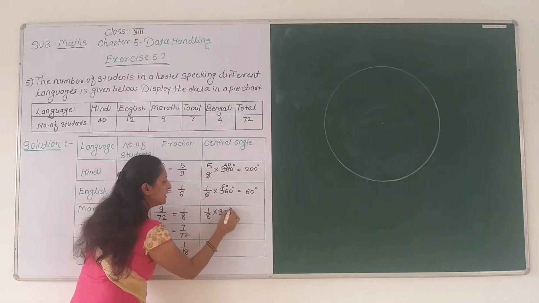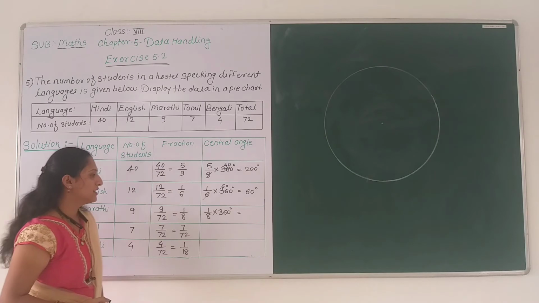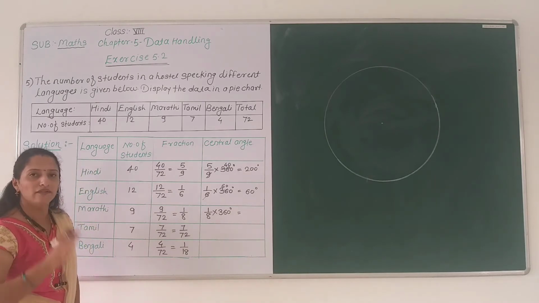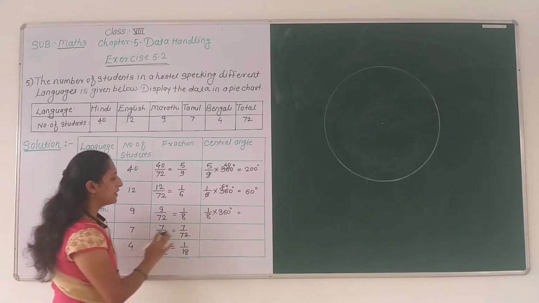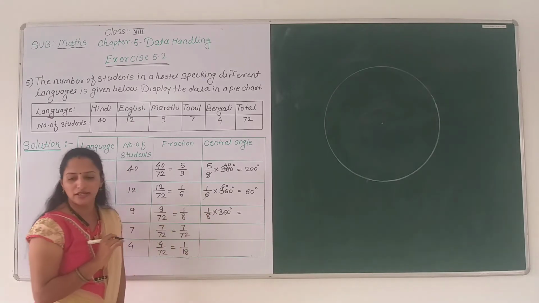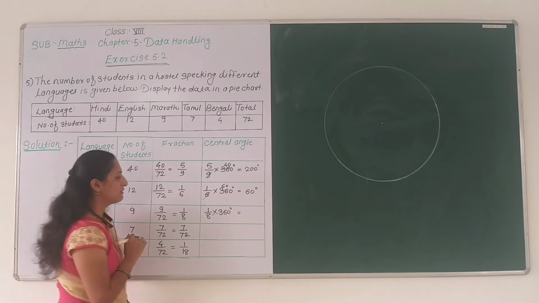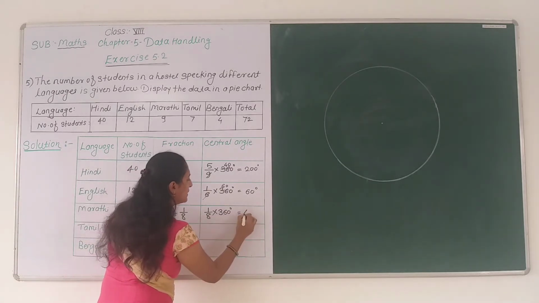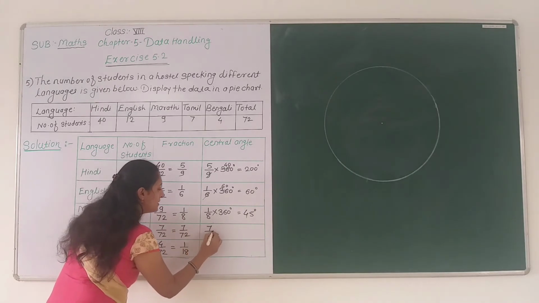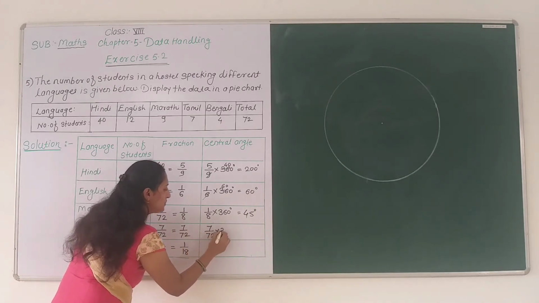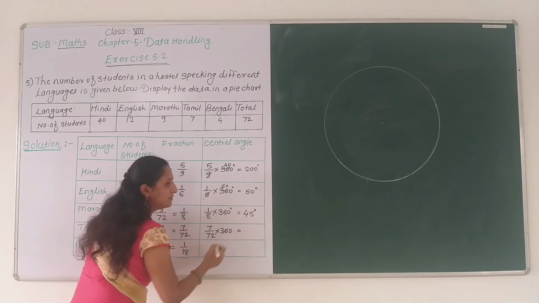We have to convert each fraction into degrees, so we multiply every fraction with 360 degrees. 1 upon 8 into 360 degrees will be 45 degrees. You calculate again: 45 degrees. 7 upon 72 into 360 degrees. Now tell me what is the answer?